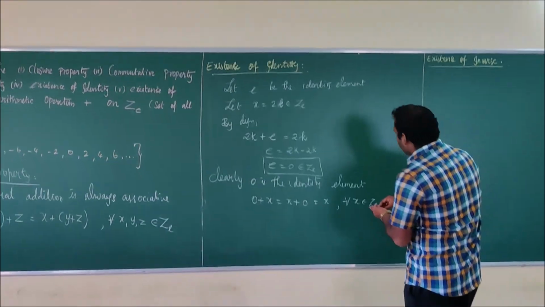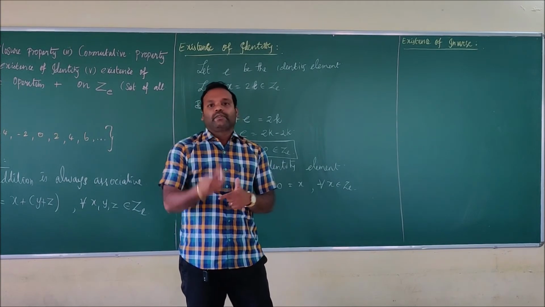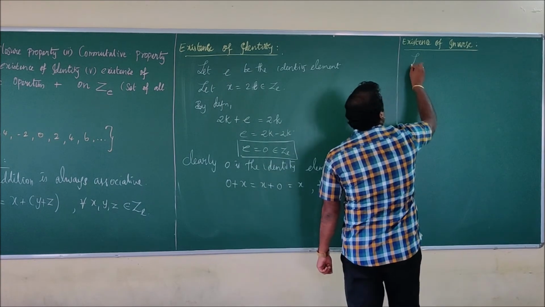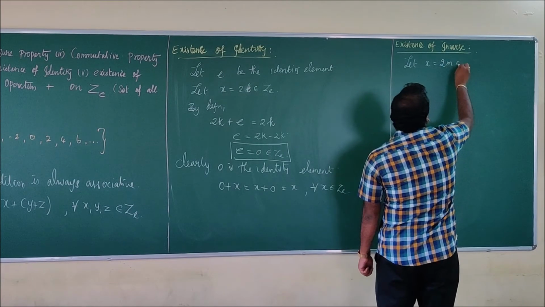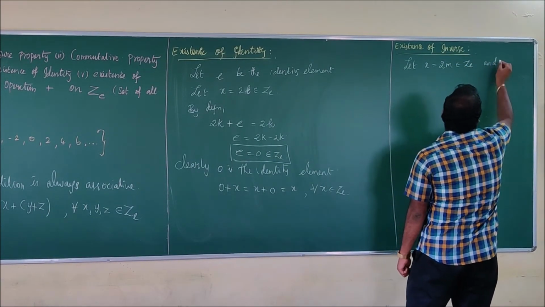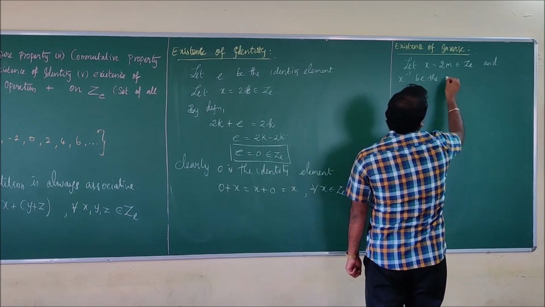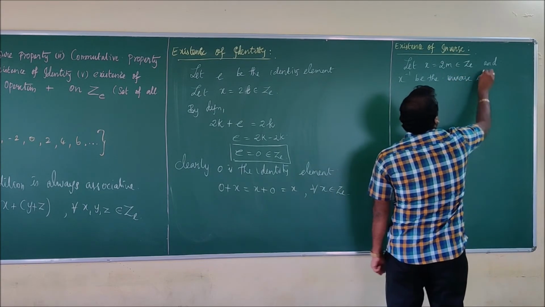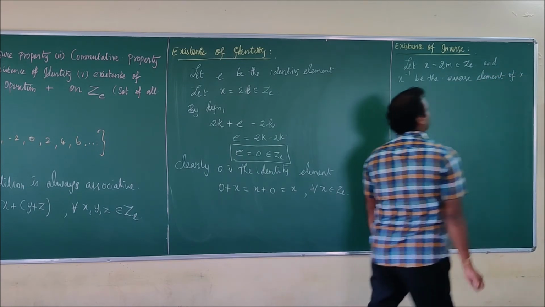Existence of inverse means we have to take an element from the set and also take the inverse element. First, let x = 2m belong to the set of even integers, and let x inverse be the inverse element of x.